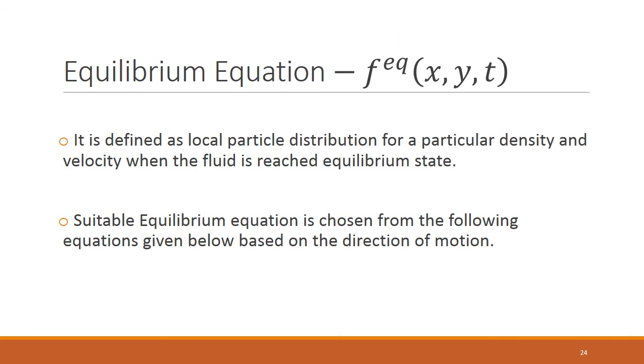So let's focus on something important here. f equilibrium is defined as the particle distribution for a particular density and velocity when the fluid has reached the equilibrium state. As I said, at a particular time it's going to have a particular density and a particular velocity, because it's changing constantly.